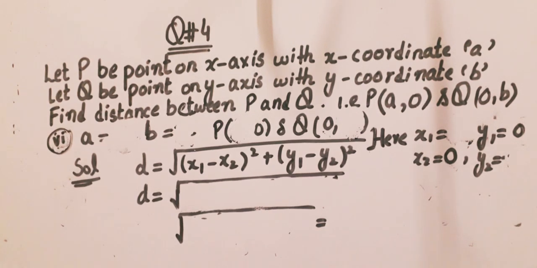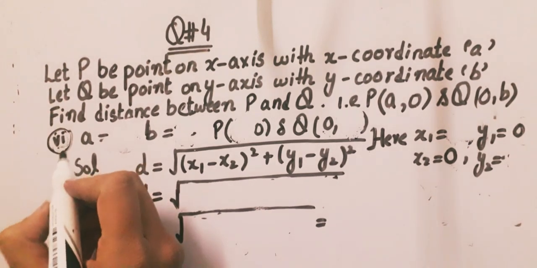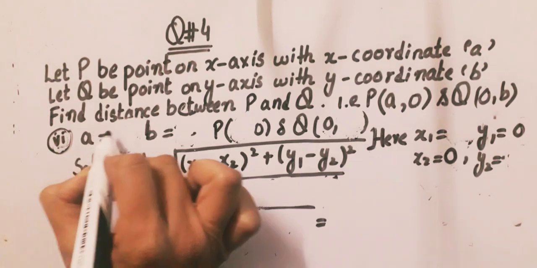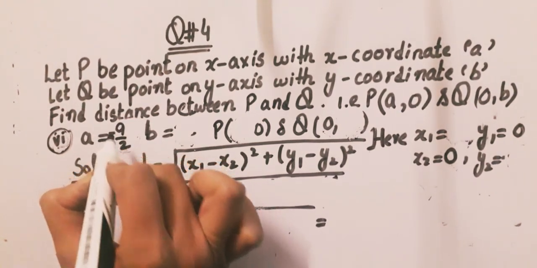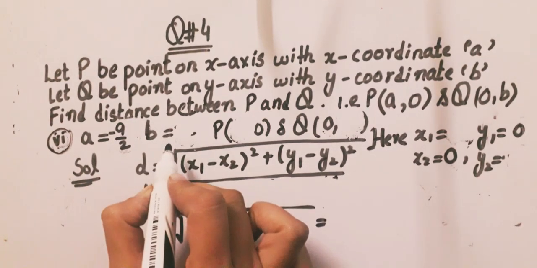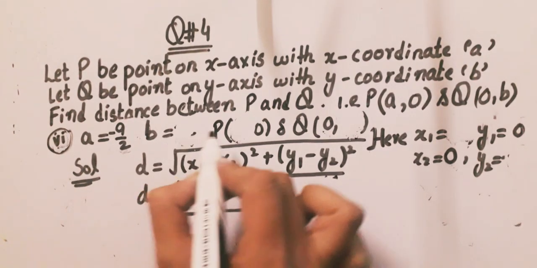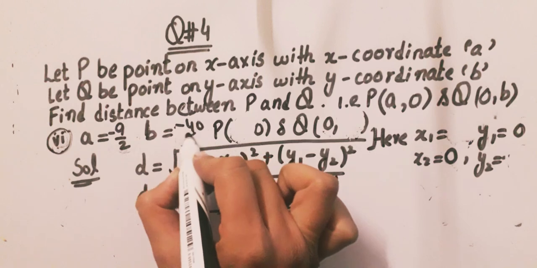Now in the last part, part 6, the value of A is -9 by 2 and the value of B is -40 by 3.